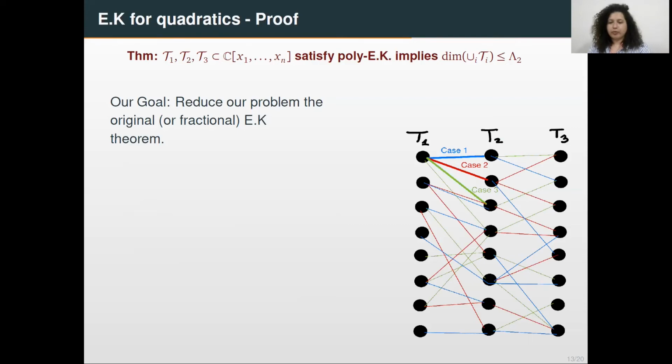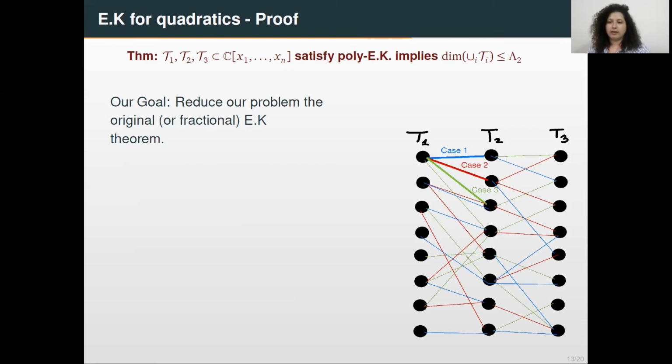What the structure theorem essentially gives us is the following graph that I draw here. We have a tripartite graph. Each side of the graph represents one of the sets. And whenever we take two polynomials from two different sets, the product of the polynomials in the third set vanishes. That means they satisfy the condition of the structure theorem. Thus, they either satisfy case 1, case 2, or case 3.